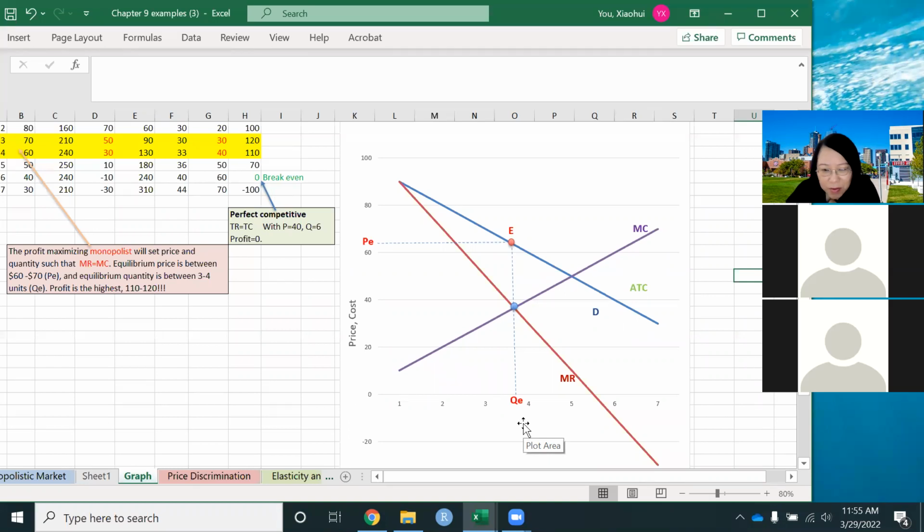Will it be 3.5? 3.5 should be exactly in the middle, right? So how much for this one? Can you guess a value?